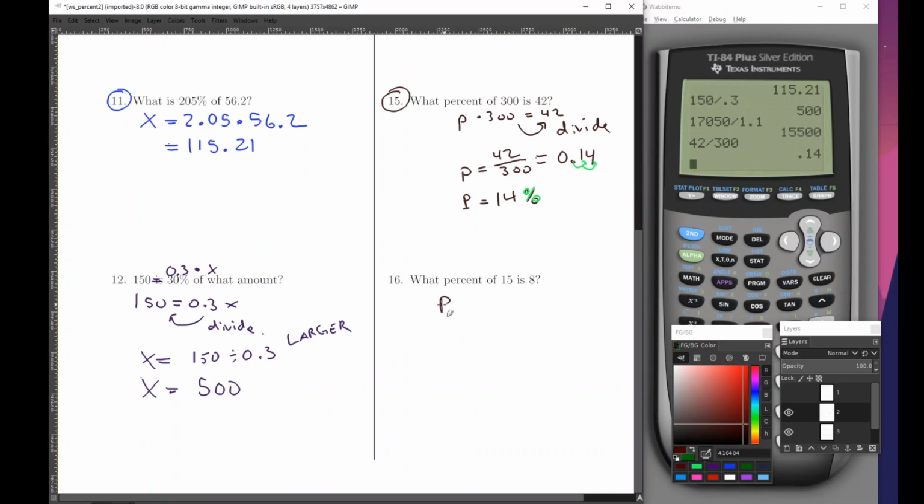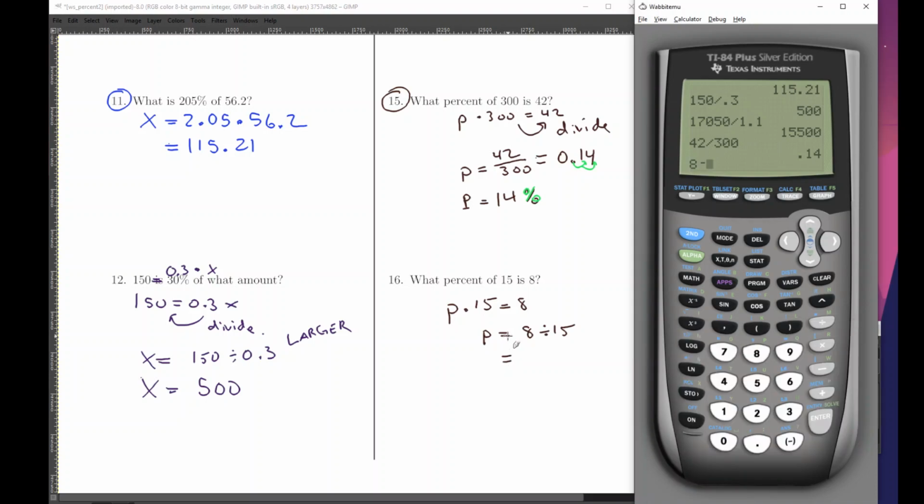What percent of 15 is 8? I've got the stuff in the wrong place. That's just wrong. It's percent times 15 is 8. And this problem, like so many others, we're going to take the small number and divide by the larger number. We'll get 8 divided by 15. 8 divided by 15.